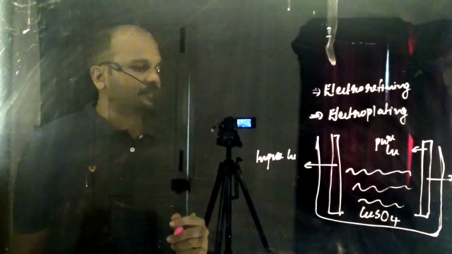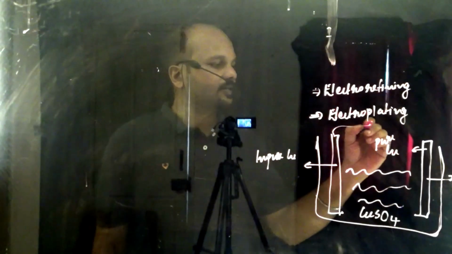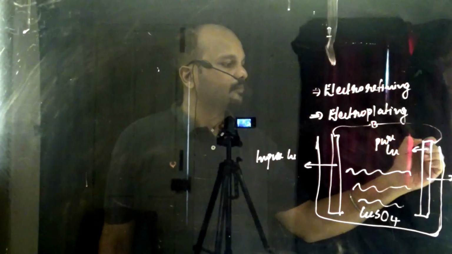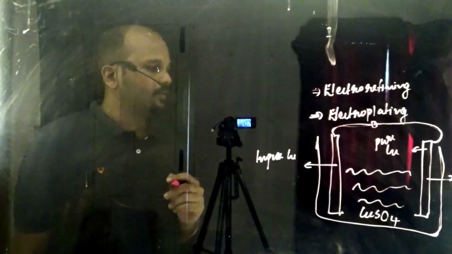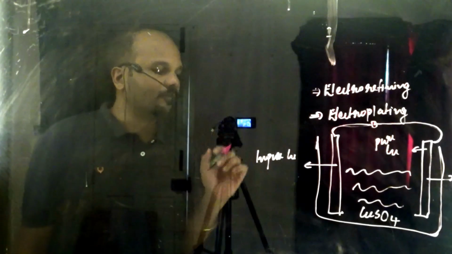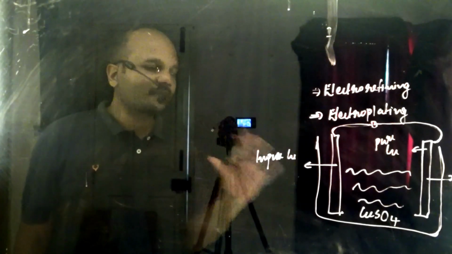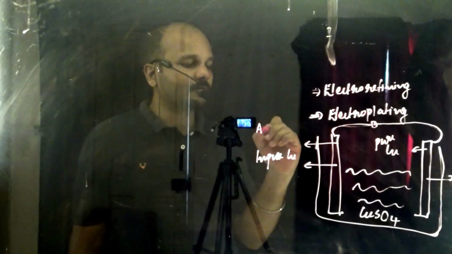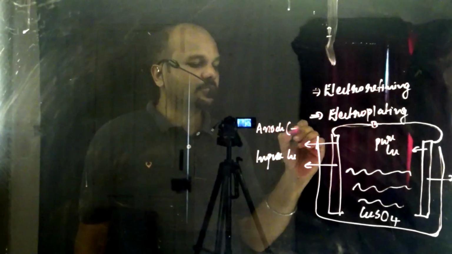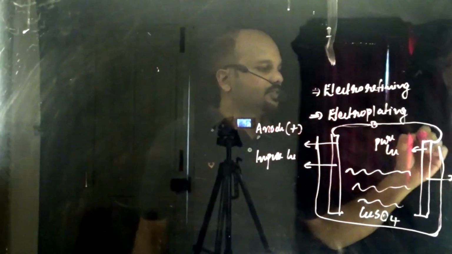Of course, they will connect it to the battery. So what will happen when the electricity is passing? You know very well that this is the anode, a positively charged electrode, and this is the cathode.